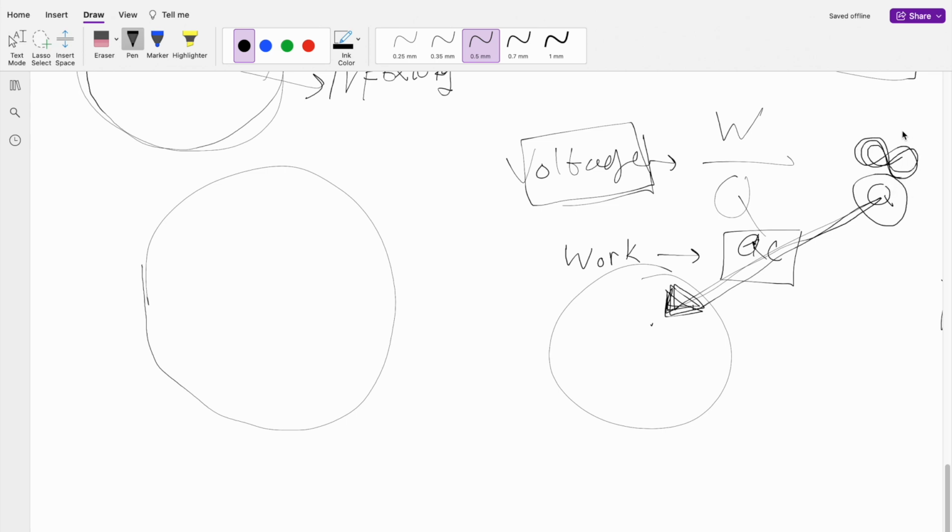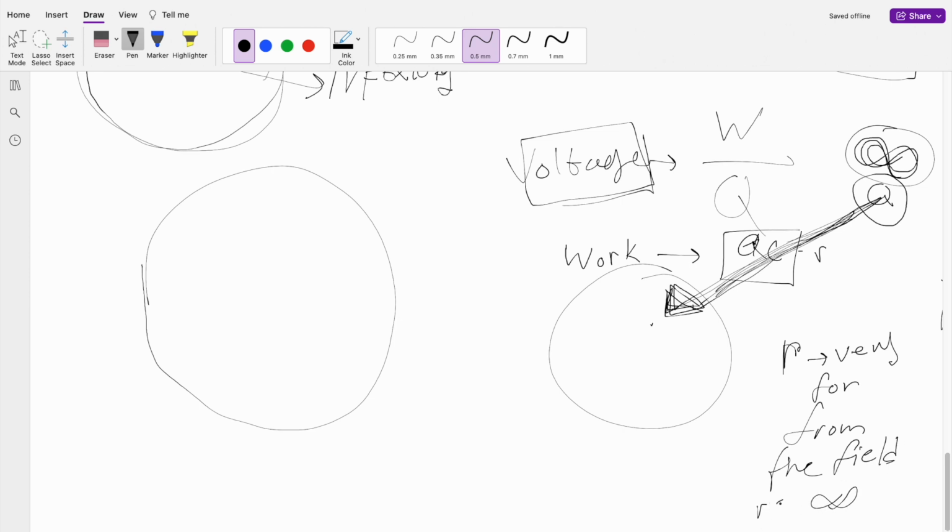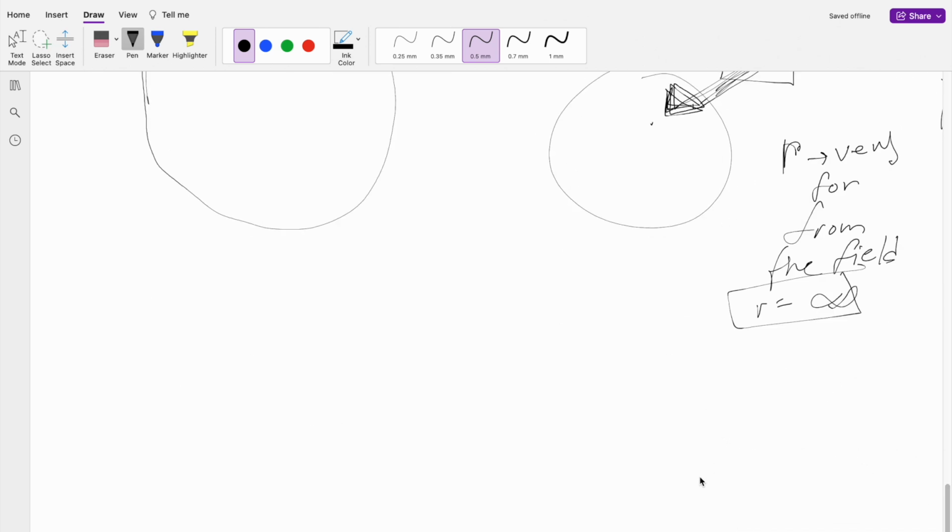Like a distance that is very far and very far. Let's assume that this is R. So R is very far from the field. So it's infinity, right? It can be considered as infinity. Okay.